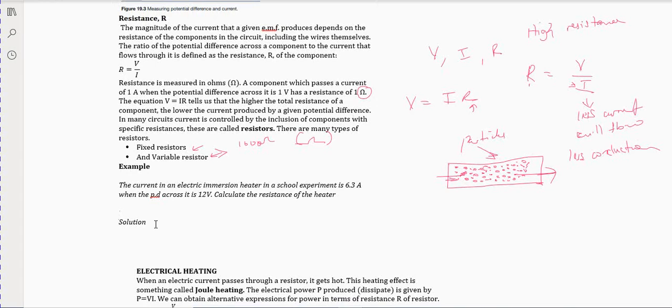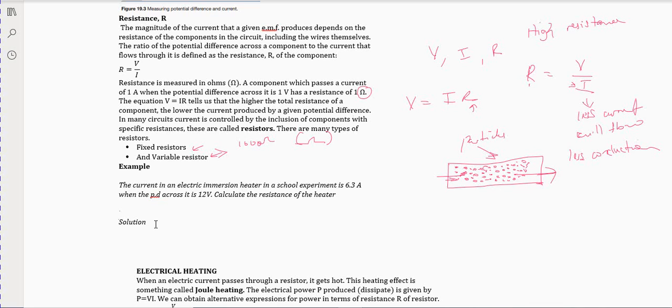It says that the current in an electric immersion heater in a school experiment is 6.3 amps, when the potential difference across it is 12 volts. Calculate the resistance of the heater.